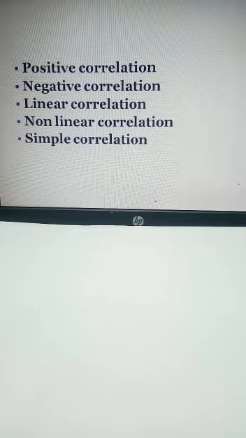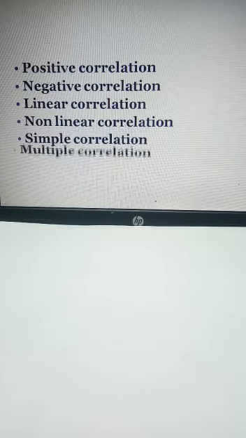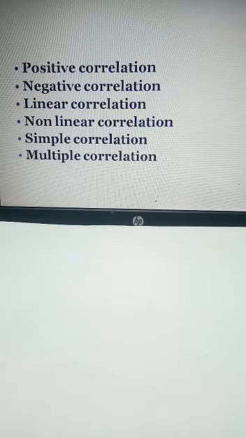The other type is the multiple correlation. Multiple correlation is when we deal with at least three variables simultaneously, more than two variables. When we take more variables to find out the relationship among each other, we can say it is the multiple correlation.